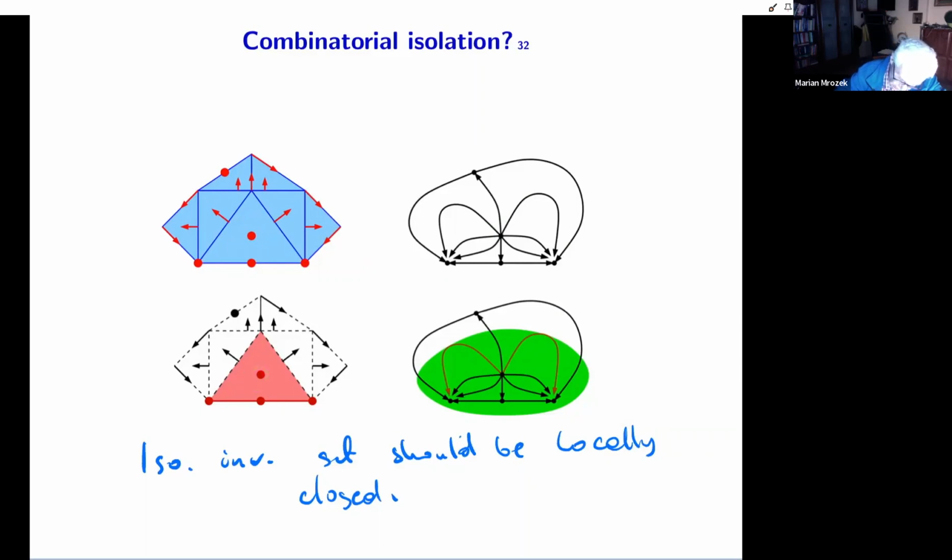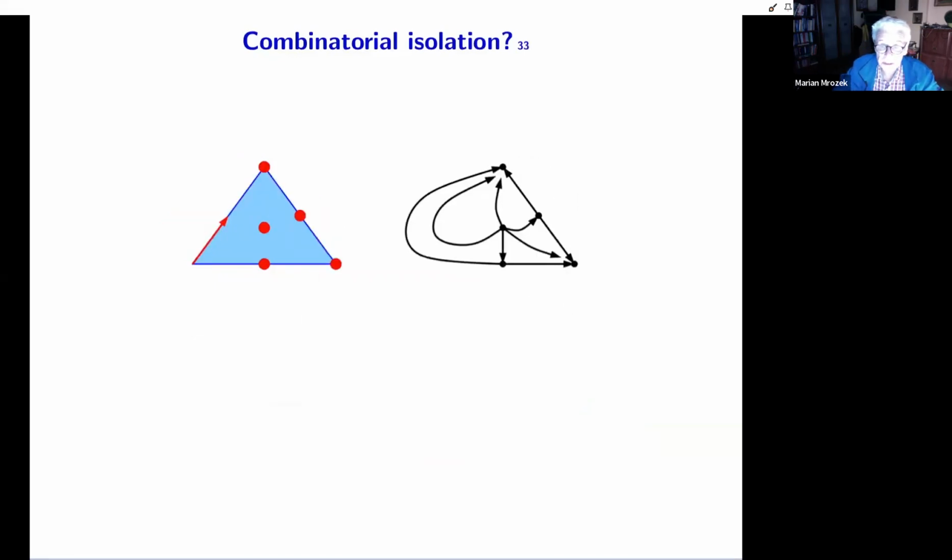This is a face of it, but we do not take this face into the invariant set, but we take this vertex. So this face is a face of this triangle, but its vertex is the face of this edge here. So this is precisely what makes this collection not convex. This element is between those two in the face relation, but does not belong to the candidate of an isolated invariant set. There is one more thing which makes troubles here.